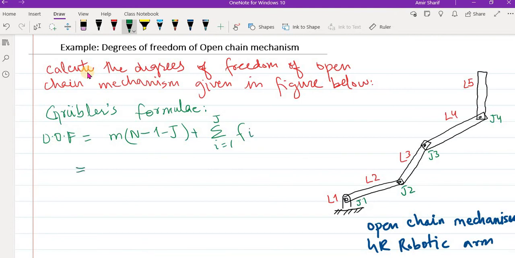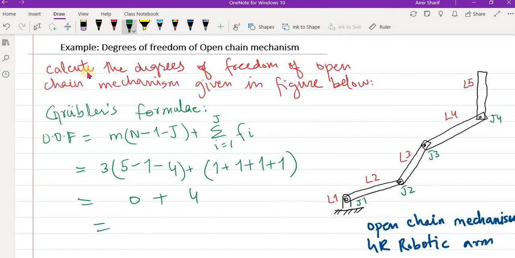So in this case, because this is a 2D planar robot, we use m equal to 3, and number of links is 5, minus 1, minus number of joints, which is 4, plus the sum of the freedom of each joint. In case of a Revolute joint we have 1 degree of freedom, so 1 plus 1 plus 1 plus 1. So this will be 0 plus 4, so the answer will be 4.